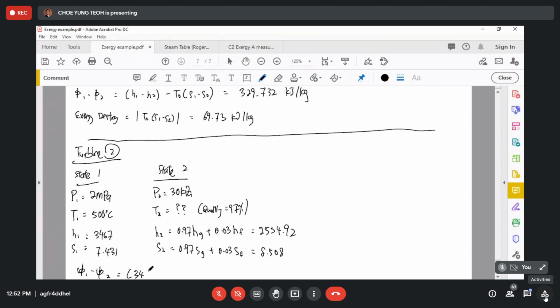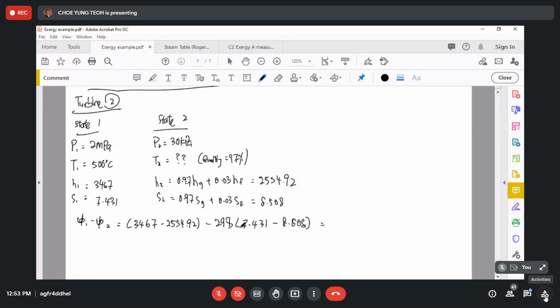So H1 minus H2, then S1 minus S2, and we can also get the exergy destroyed.